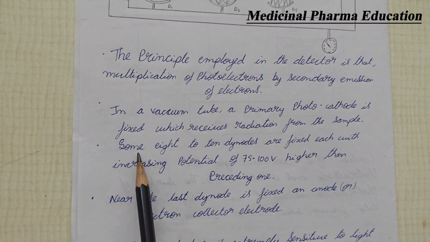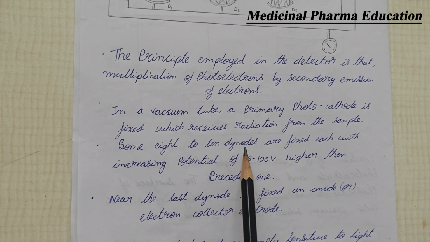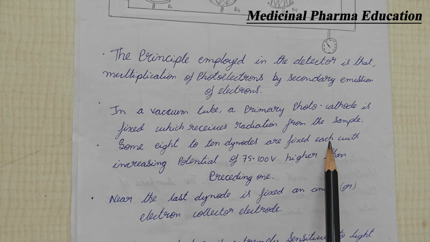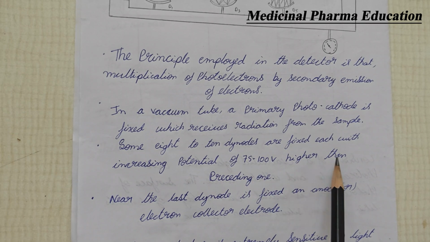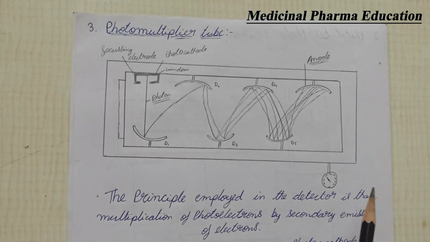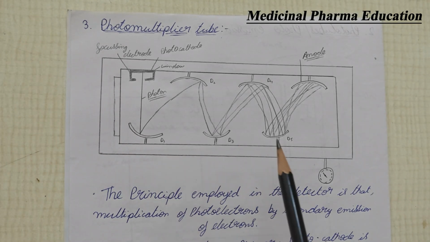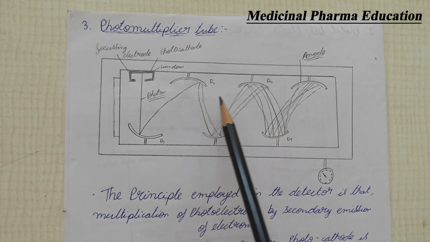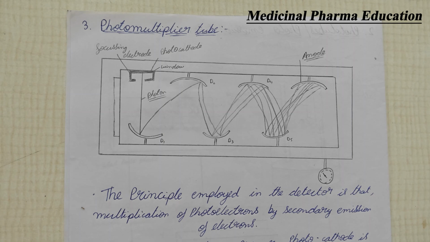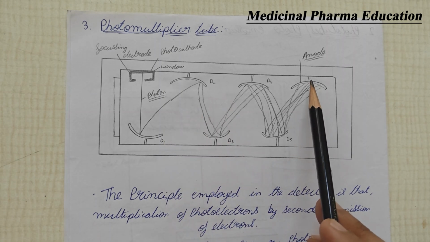Some 8 to 10 dynodes are fixed, each with an increasing potential of 50 to 100 volts higher than the preceding one. There are 6, 8 or 10 dynodes based upon the instrument. Here we have 5.